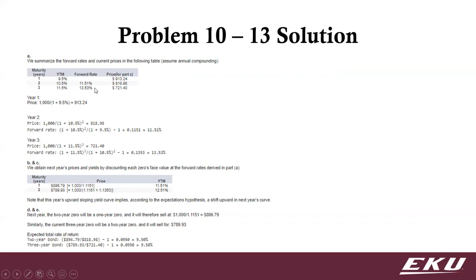And that's how we have to solve for those. We go ahead and calculate those prices because we need them for part C to get those returns. And then you see in D and E how we calculate those bond returns, although we would expect it again to be the 9.5.